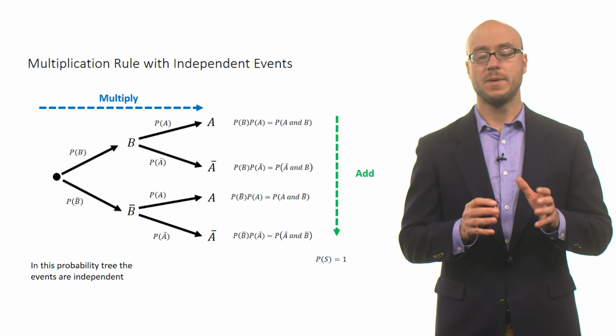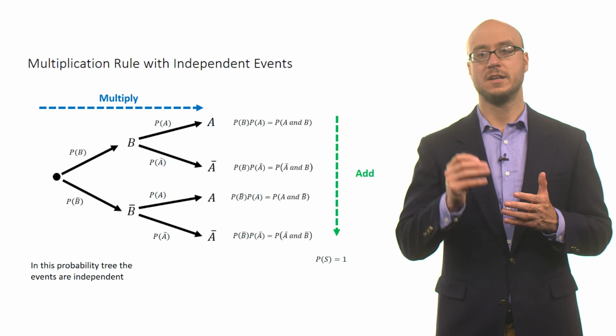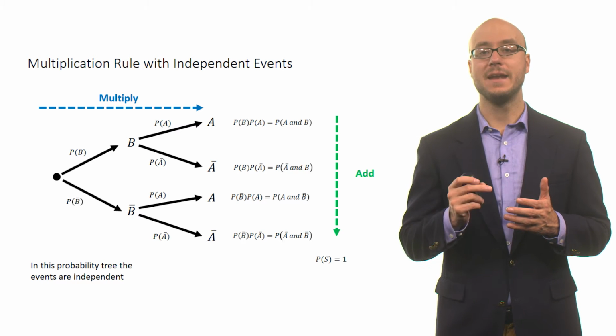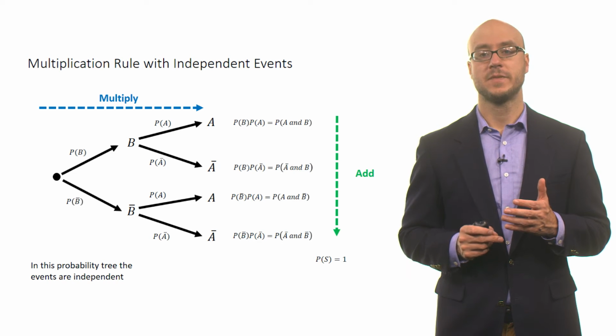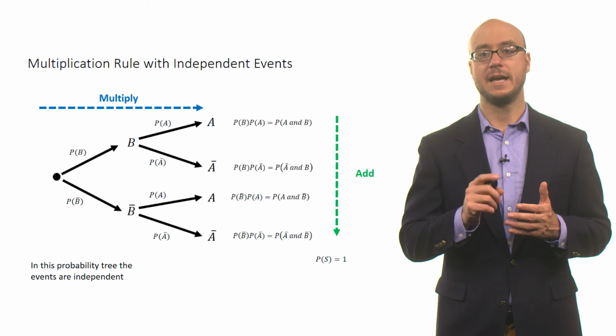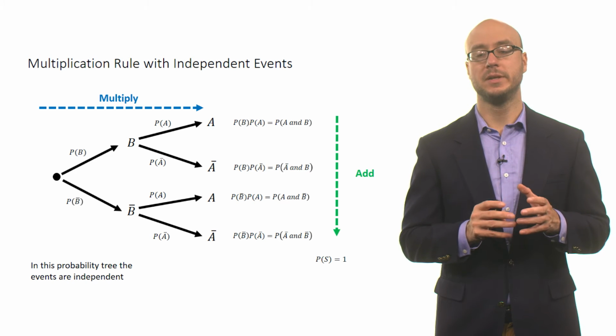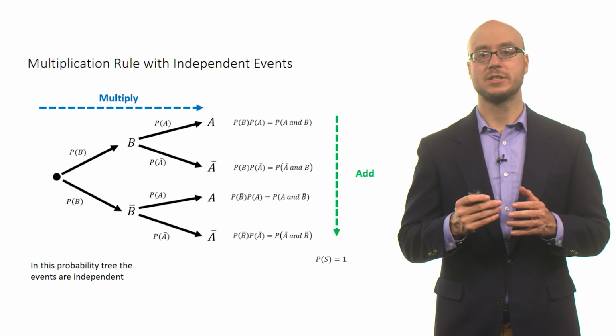Now in this setup, what we're doing is multiplying across to find the joint probabilities at the end of each set of branches. Since we have B and not B, and A and not A, we're going to have 4 different joint probabilities at the end of these branches.